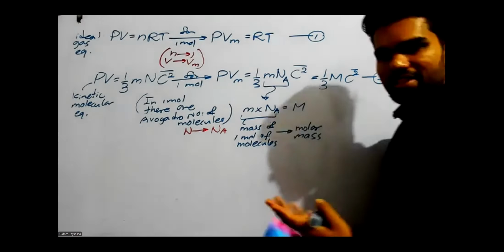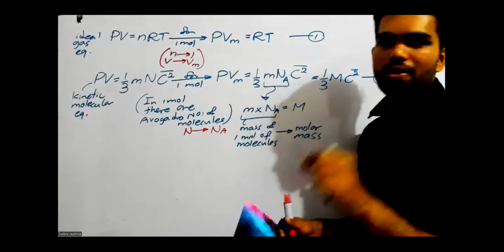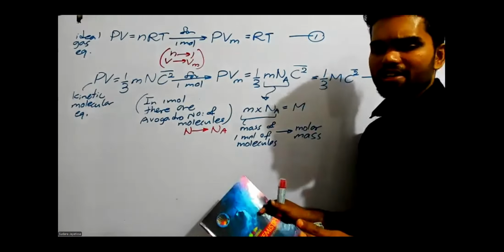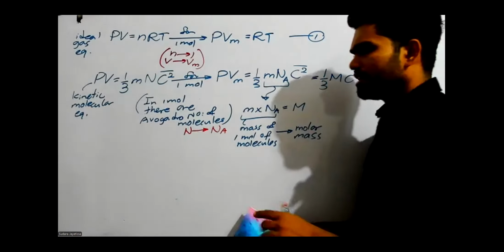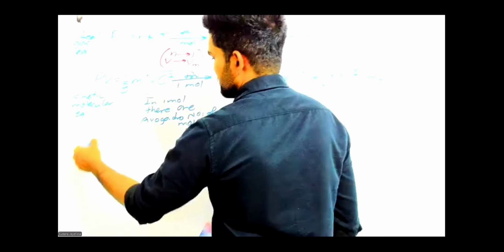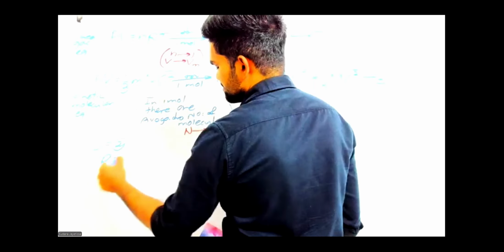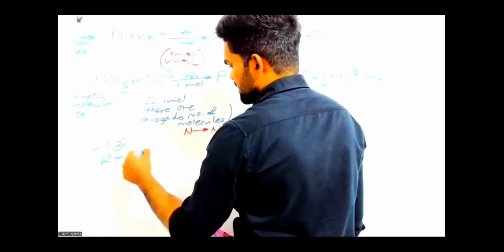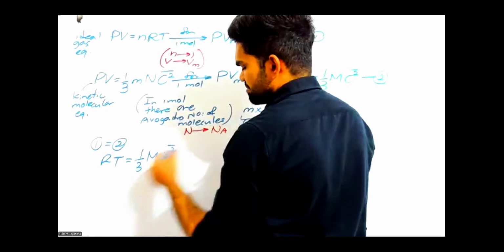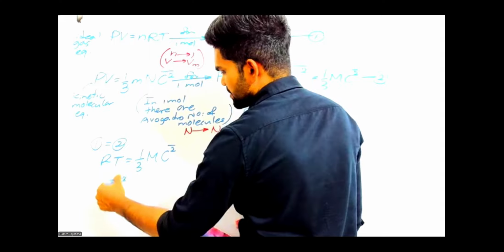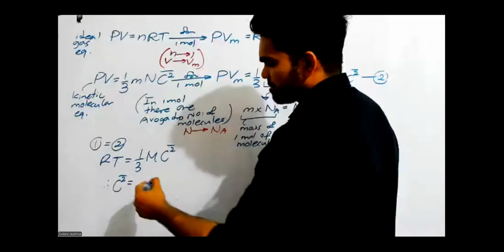It's a very simple thing. You just have to remember a few key points, and then you can write this very easily. Because 1 equals 2, RT equals 1/3 capital M c square bar. Therefore, if you make c square bar the subject, it will give you what?